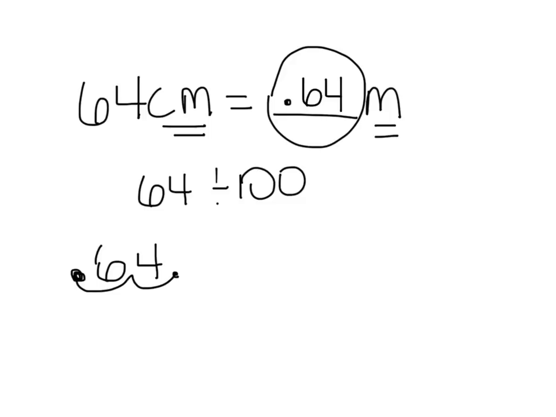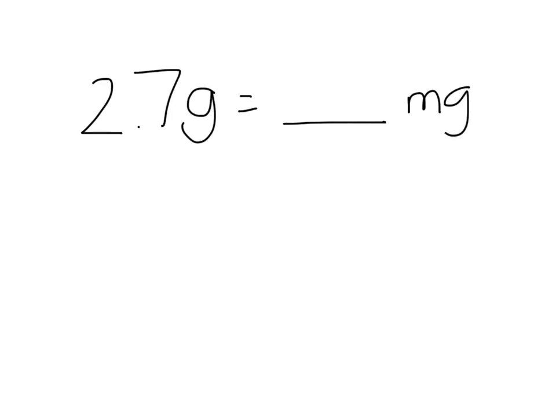Let's try the next one. 2 7/10 of a gram equals how many milligrams? Well, first I have to ask myself, are grams bigger or smaller than milligrams? Yes, grams are bigger than milligrams, which means I'm going to have many more milligrams than I would grams. That means that I'm going to do what? Multiply or divide?